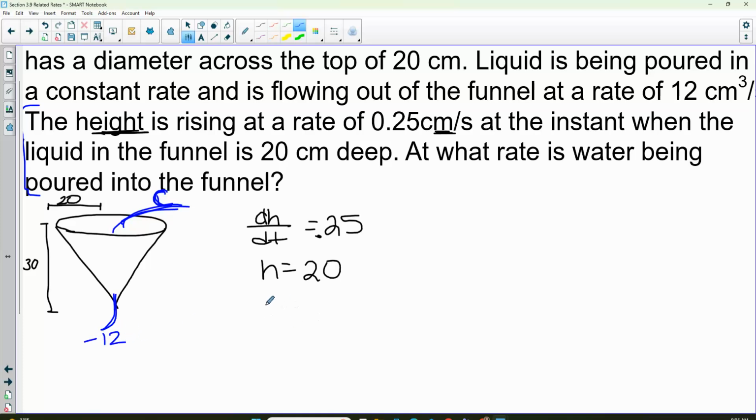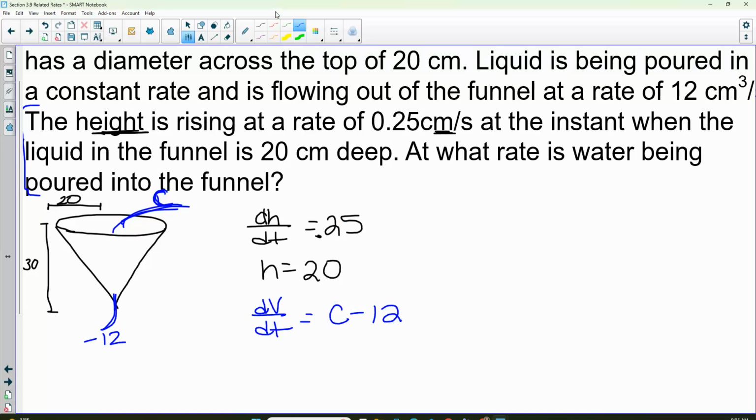So my overall volume, dV dt, is changing by the amount coming in minus the amount going out. And my dV dt will be positive if my constant is bigger than 12. It'll be negative if it's smaller than 12.